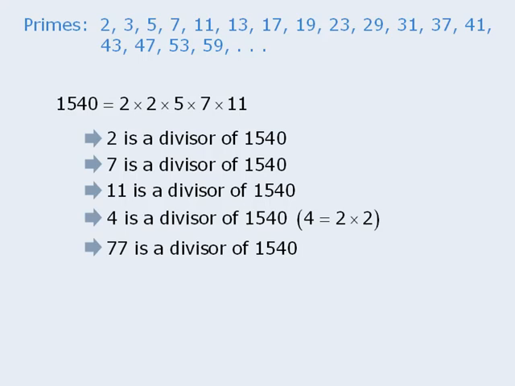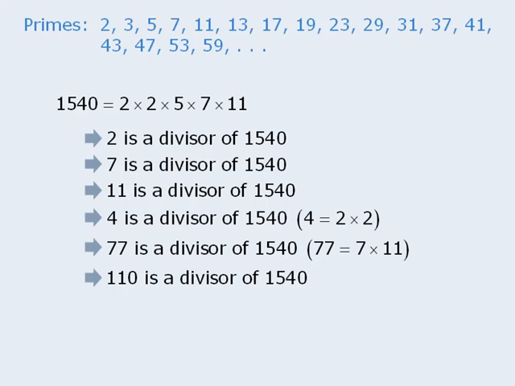This is because 77 is hiding within the prime factorization as 7 times 11. Finally, we can see that 110 is a divisor of 1540. This is because 110 is hiding within the prime factorization as 2 times 5 times 11.